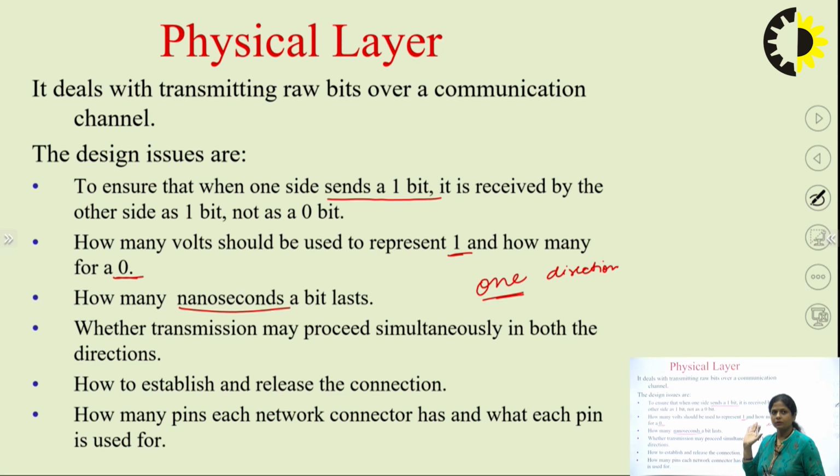It can broadcast, but the receiver which is getting the broadcast cannot communicate back to the television. If we take the example of normal mobile phones or telephones, both participating parties can interact with each other simultaneously, right? So we say the transmission may proceed simultaneously in both directions or not.